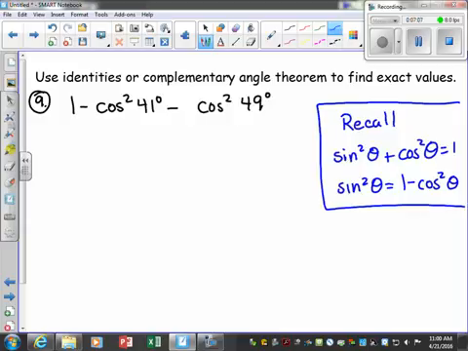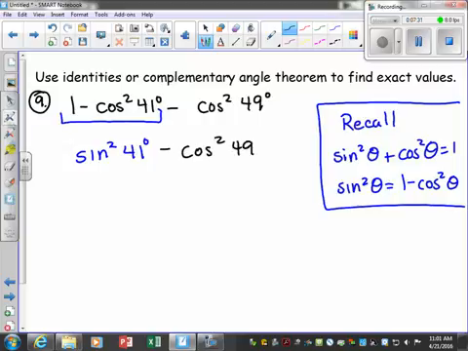That's some previous work that we've done, and I'm going to replace this 1 minus cosine squared theta right here with sine squared of 41. Okay, so that's where we used an identity. Now I'm just going to continue to carry down my right hand side.